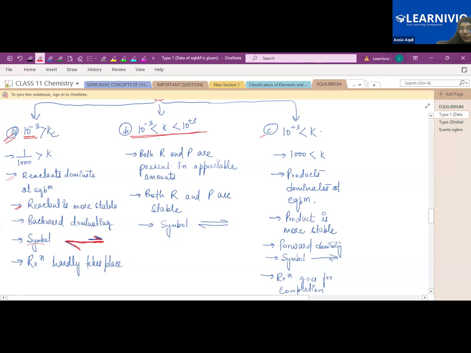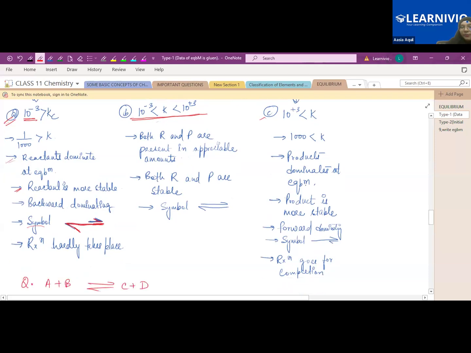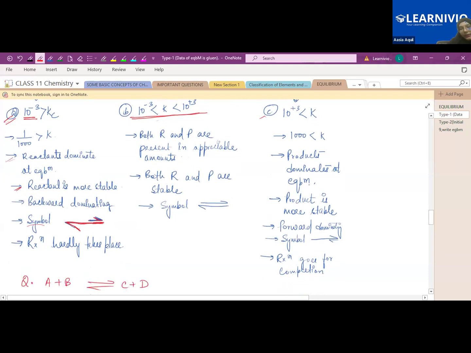So here the product will dominate at equilibrium if the K value is greater than 10 raised to the power plus 3, greater than 1000.